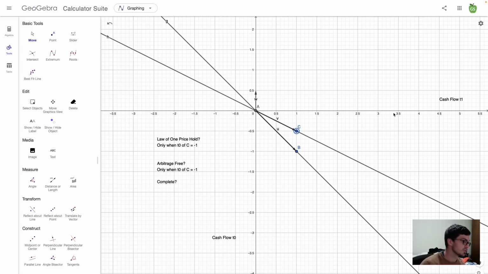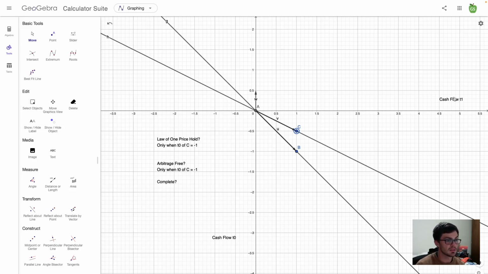Now, you'll see in future videos situations in which the market is not complete, and then you'll have a little bit of contrast and understand, because right now it looks like I don't see how it could ever be incomplete. But really what needs to happen is we need more dimensions on this domain, and that will happen when we have two states in the future, because right now all we have is cash flow at time 1 and cash flow at time 0.